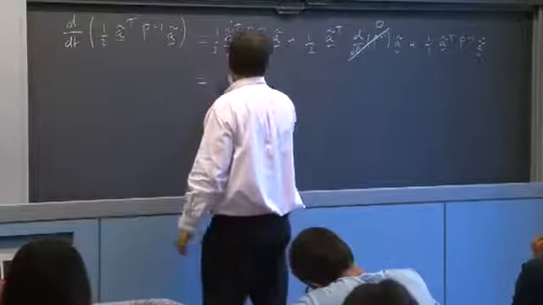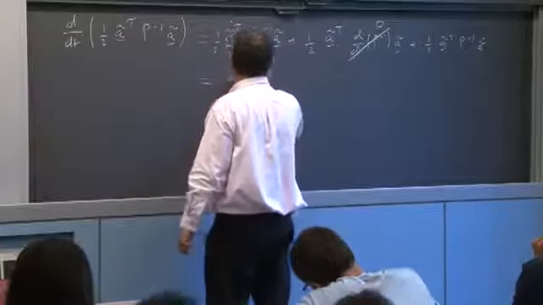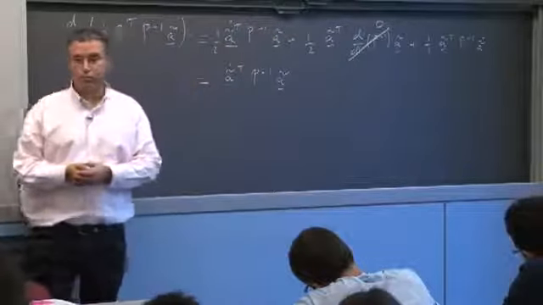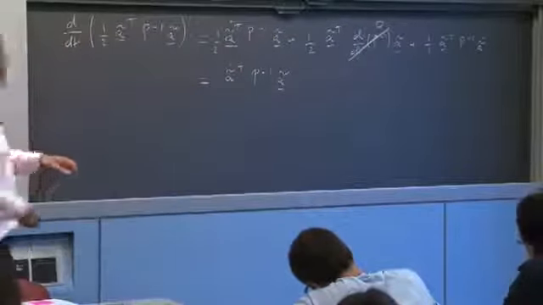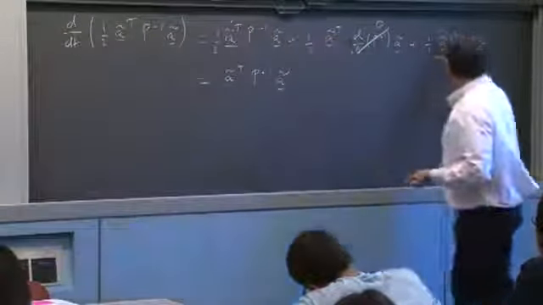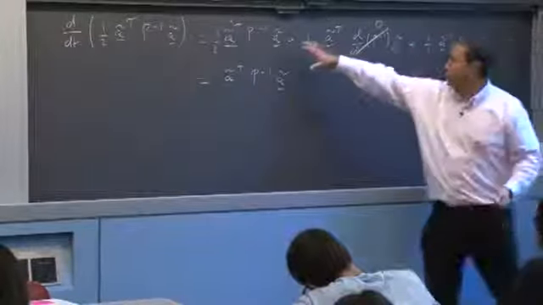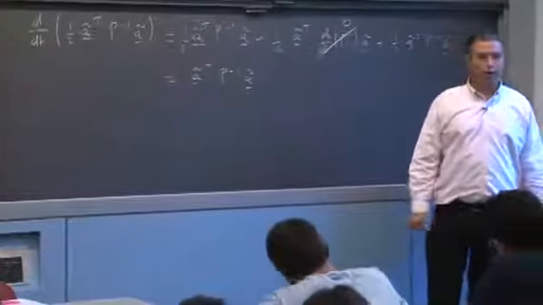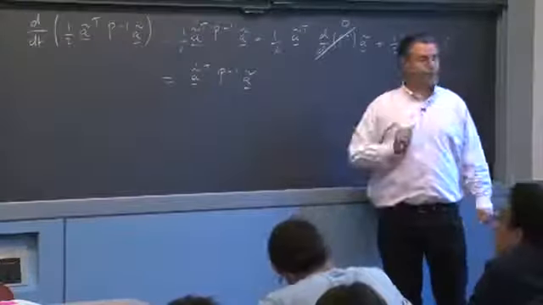And so what we get is a tilde dot transpose p inverse a tilde. If you take the transpose of this, for instance, you find this, or equivalently that. And so you can write 1/2 plus 1/2 as this.